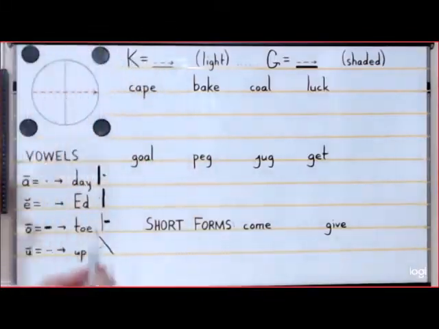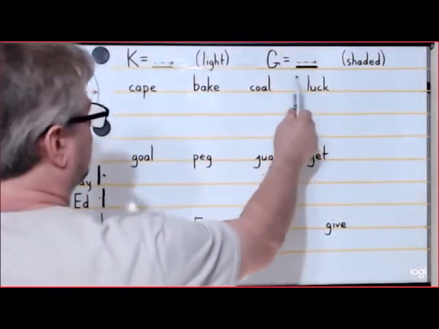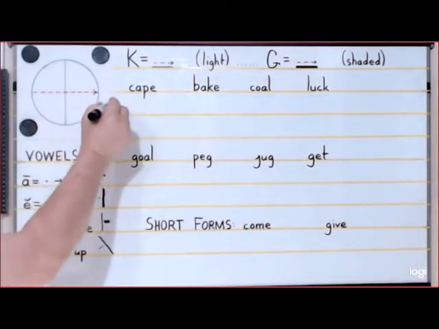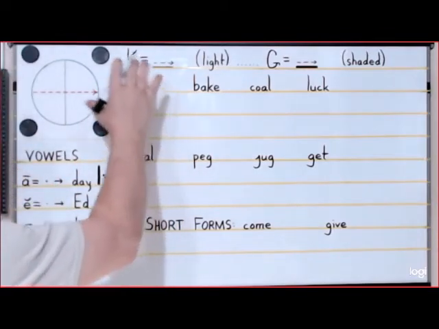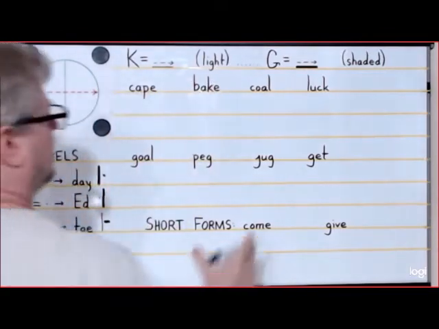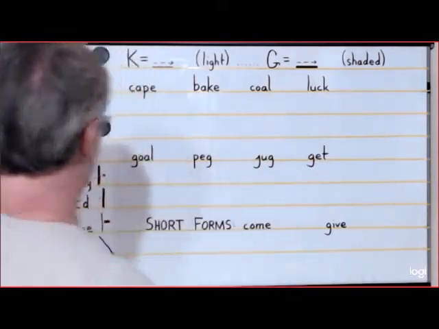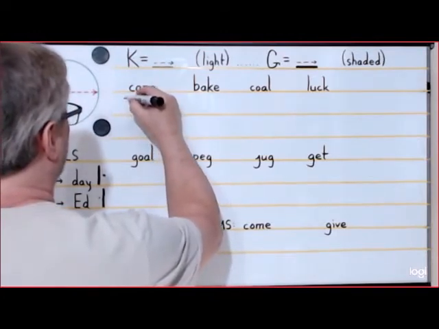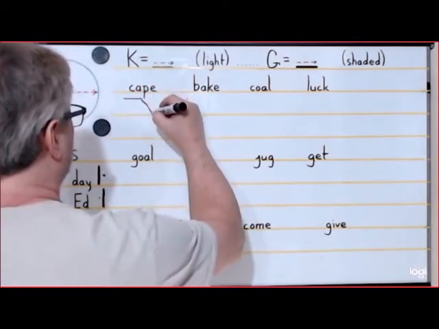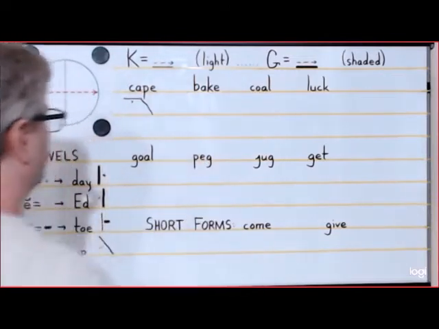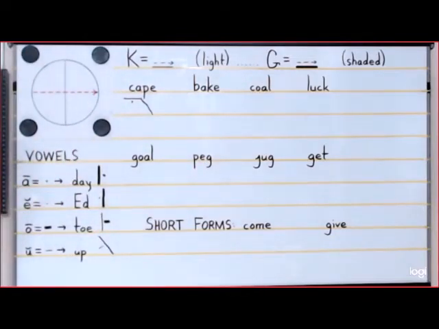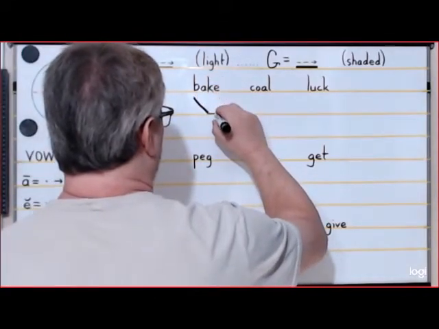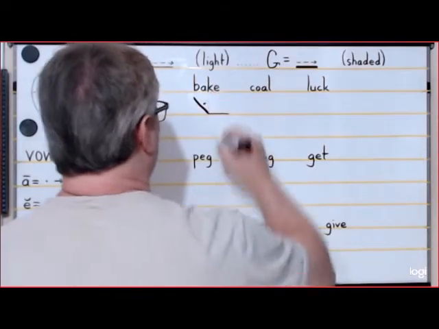The sounds K and G are represented by a horizontal stroke, and the K is a light stroke, and the G is a shaded stroke. So for the word cape, we'll write a K, and then a P, and then of course the heavy dot for the long A. For the word bake, it is B, and then a K, heavy dot.